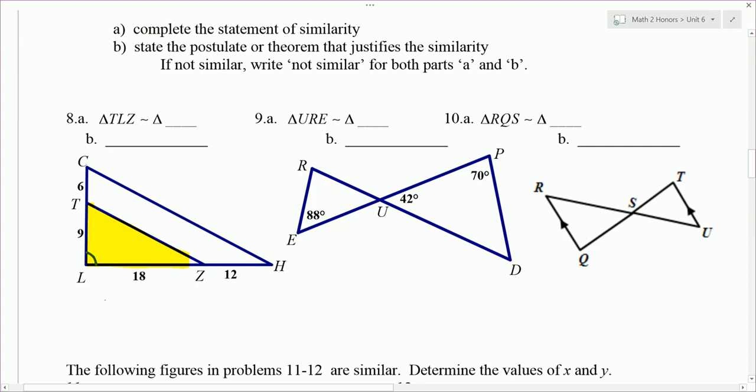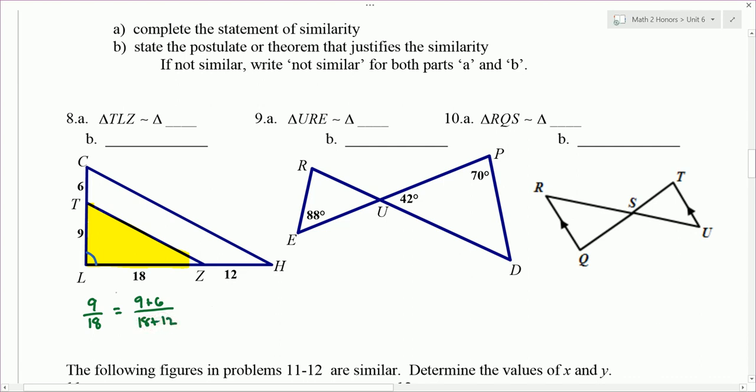So, for example, this side, if we're looking at the smaller triangle, the height is 9, or the left side length is 9, the base is 18, so 9 to 18. The left side of the larger triangle would be 9 plus 6 over 18 plus 12.